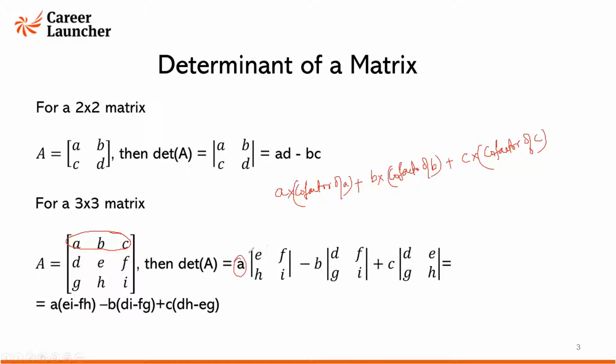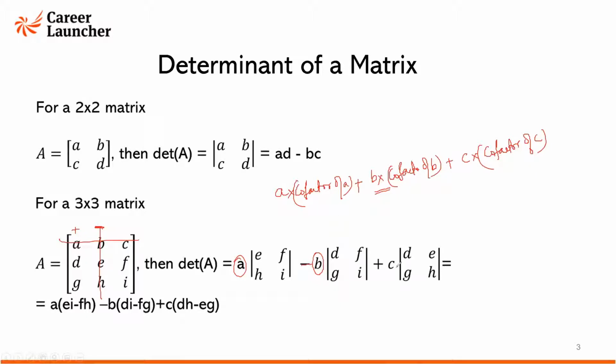Now, the cofactor of A: first of all, its sign is positive here. The minor of A is E, F, H, I, we just saw. So, plus E, F, H, I. Similarly, B is here. The sign of B is negative, and for the minor of B you cut out the B row and column, so D, F, G, I, but with a negative sign.